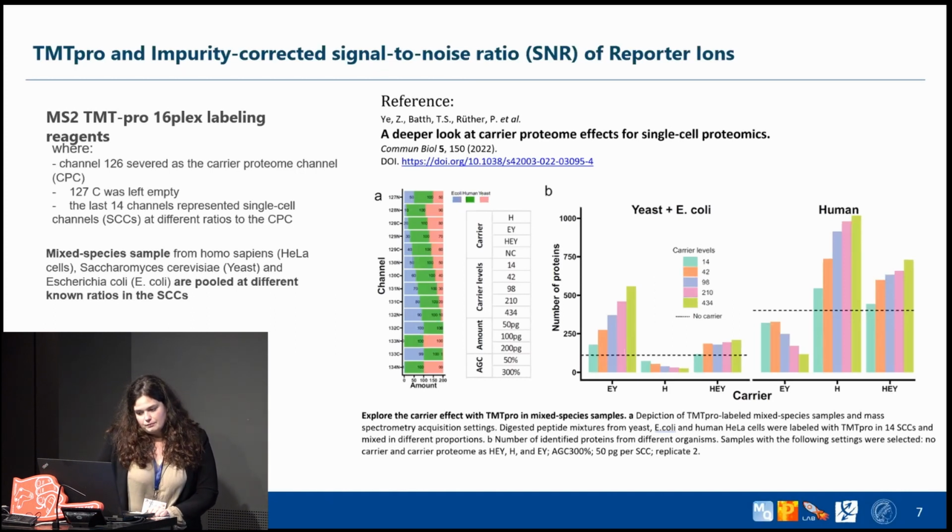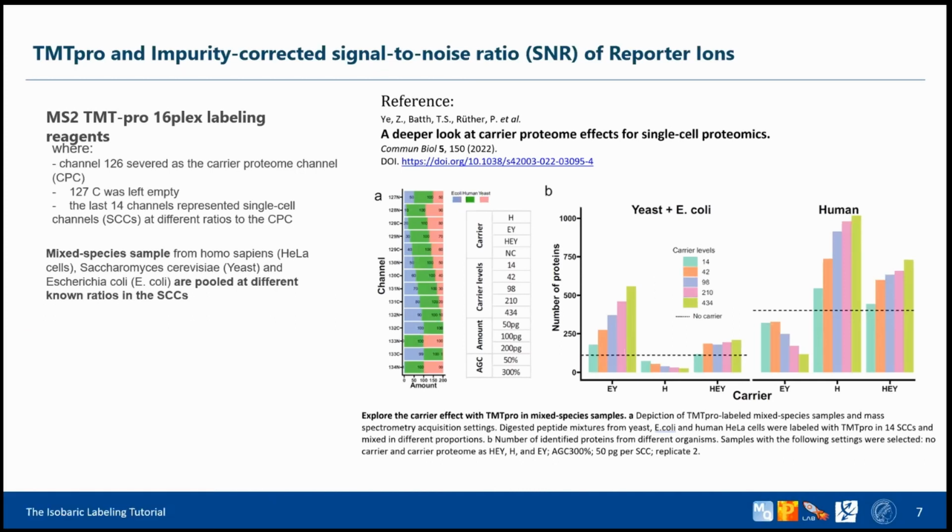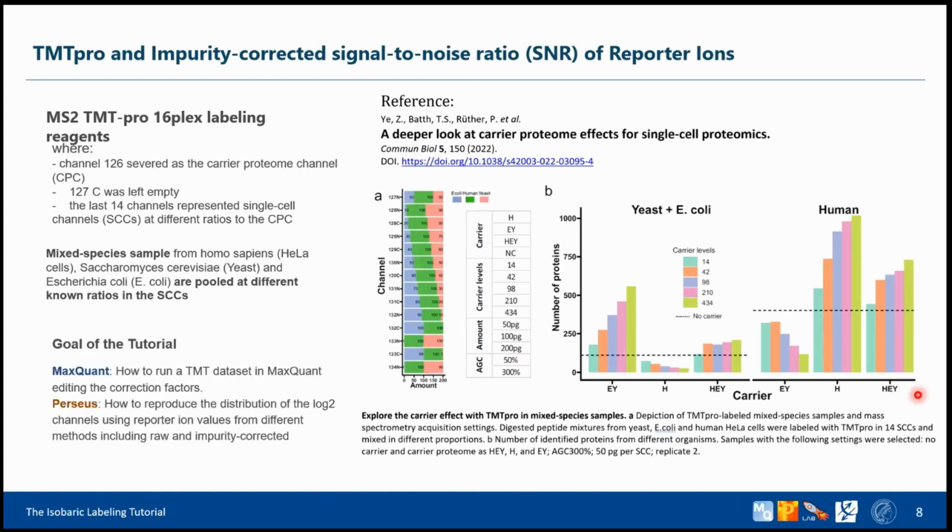For that reason, we have this data set, and in this one we also have the correction factors. So we have our reagent kit. The goal of our tutorial is to see in MaxQuant how to run this TMT data set, editing the correction factor and applying it across the species.